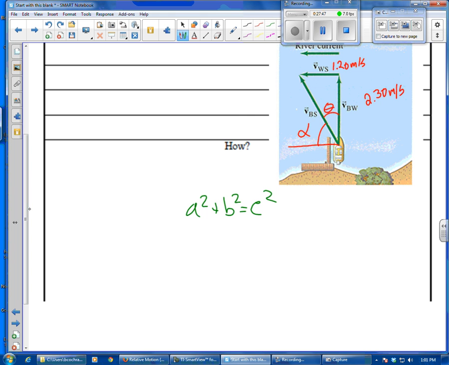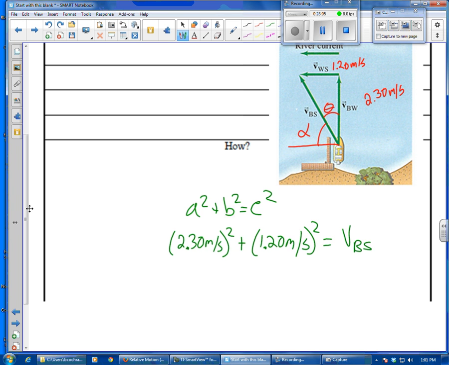And my sides of my triangle are 2.30 meters per second squared plus 1.20 meters per second squared equals VBS squared. VBS equals.